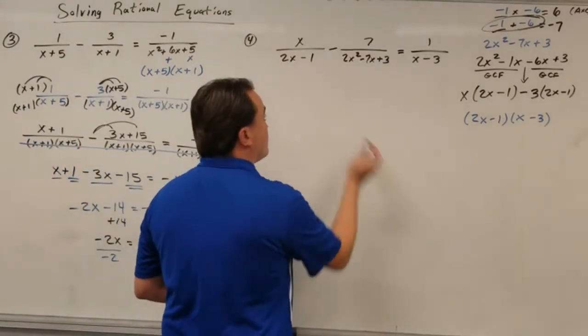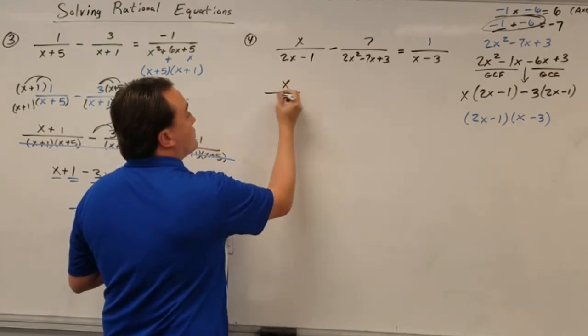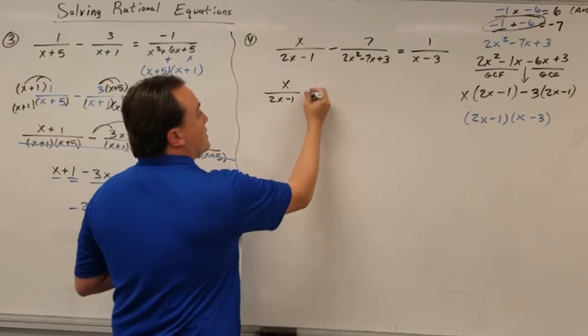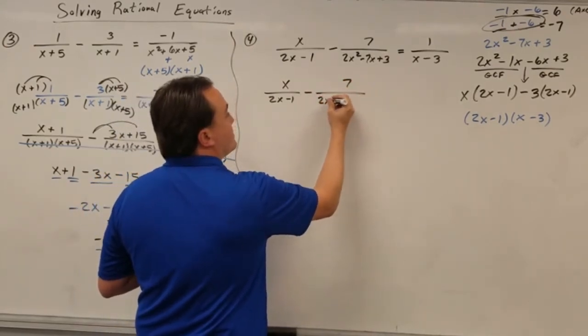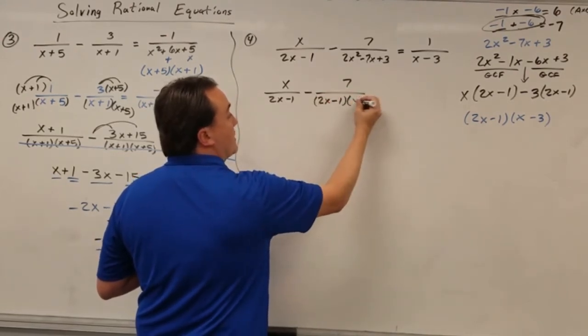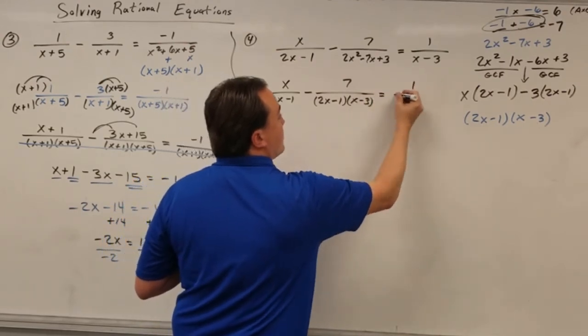So we can rewrite this. We have x over 2x minus 1, minus 7 over 2x minus 1, x minus 3, equals 1 over x minus 3.